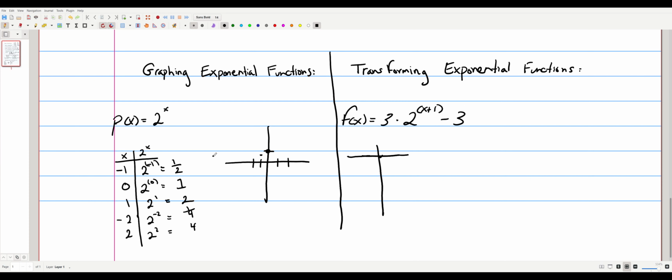Actually, let me change the color of the point so we can see it a little more clearly. When we have 0, we have 1. When we have 1, we have 2. Let me just make another line here. When we have -2, we have 1/4, so a little less than 1/2, right?